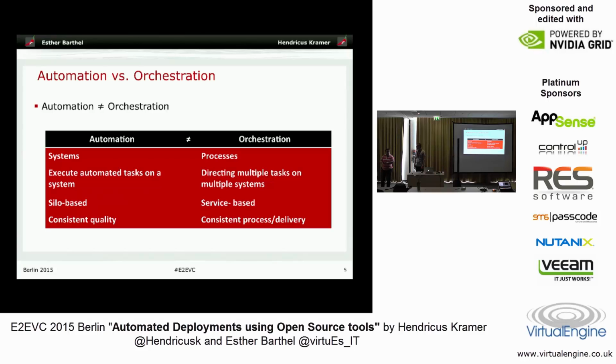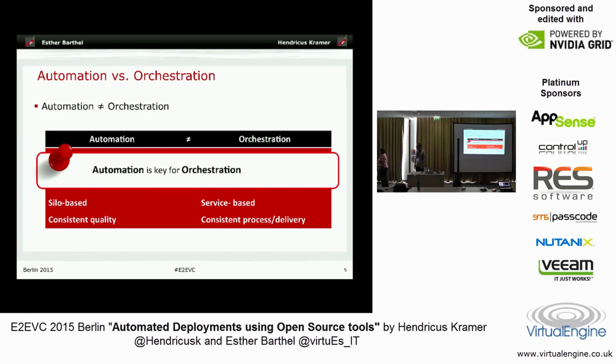Just getting that one task of the entire workflow into an automated task. So for me, automation will always be key to orchestration. So orchestration is the overall process, and automation is just one part of it.